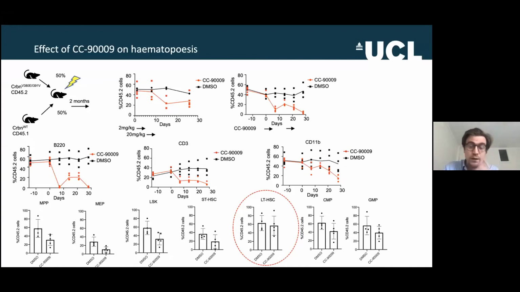And you can see that the peripheral blood chimerism is affected. We have some evidence that this actually does plateau out. But what was encouraging from our point of view was that if you look at the long-term HSC compartment, which would obviously be important for regeneration after, say, a cycle of chemotherapy, these were relatively spared compared to the other stem cell compartments.